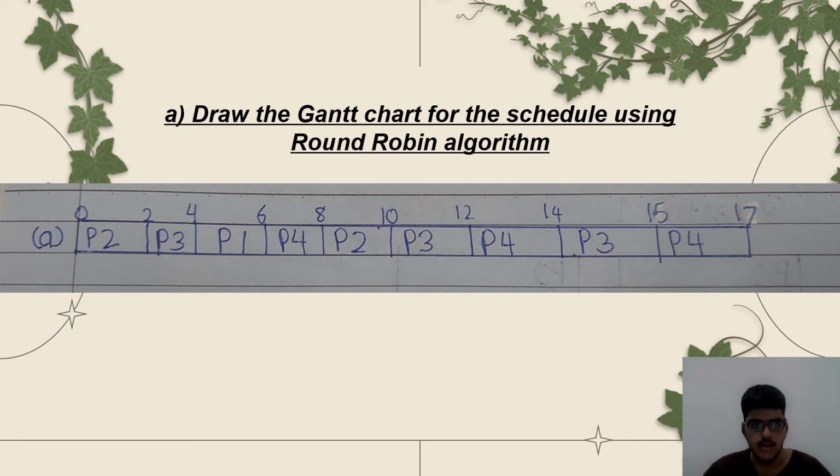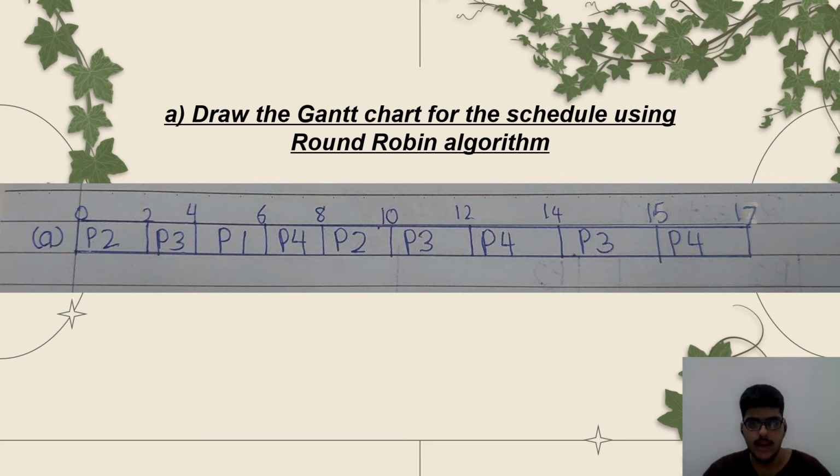It is because for P3, the burst time is 5. First we take 2, so 5 minus 2 equals 3. Now P3's balance is 3, so we use 3 minus 2 equals 1.